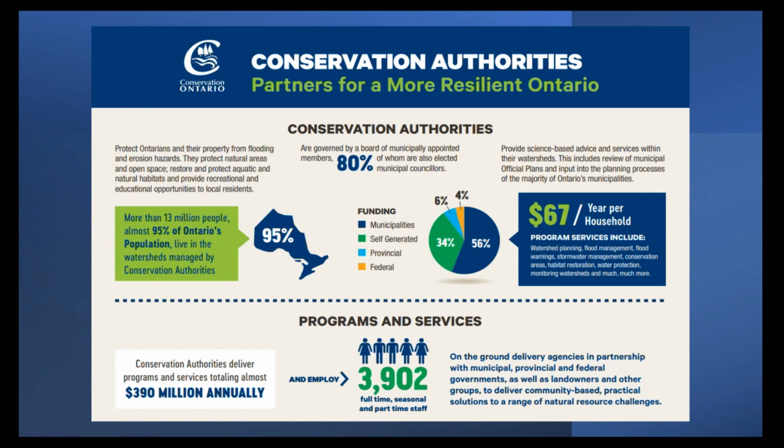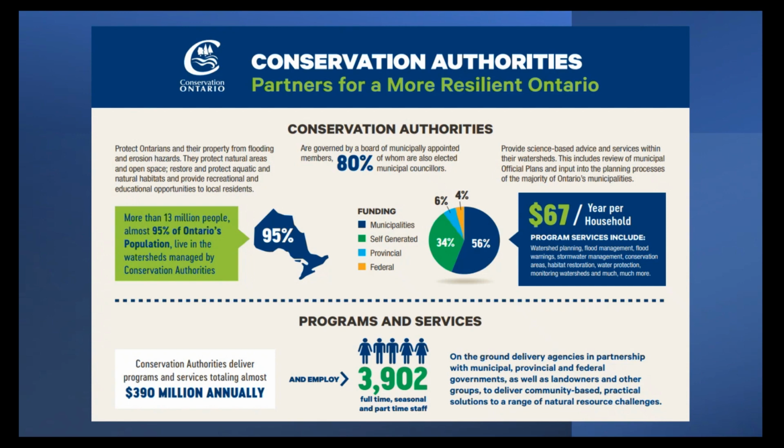At the CAs, we provide science-based advice and services within our watersheds. This includes official plans and input into the planning process for the majority of Ontario's municipalities. Our cost of services per household is approximately $67. This includes work and services associated with watershed planning, flood management, flood warning systems, stormwater management, conservation area protection, habitat restoration, water protection and monitoring of our watersheds, and much, much more.